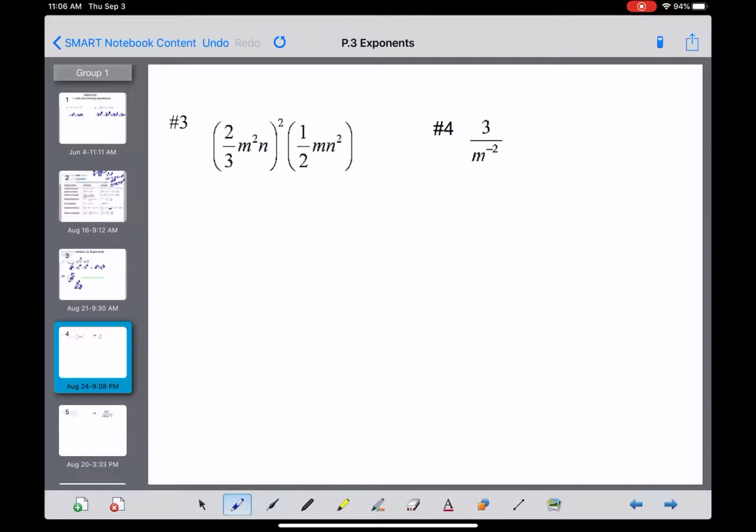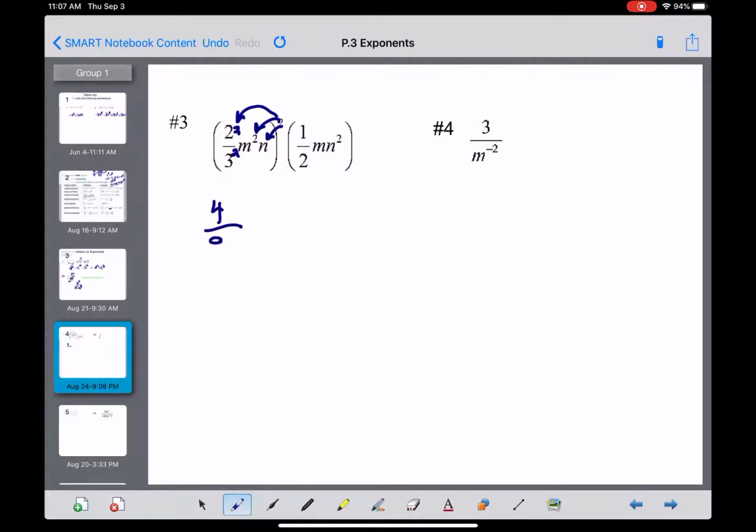Okay, some more examples. Again, pause and then try them on your own. Okay, so this one we have the 2 is going to distribute to all of them. So 2/3 squared. The 2 is going to be squared and the 3 is going to be squared.